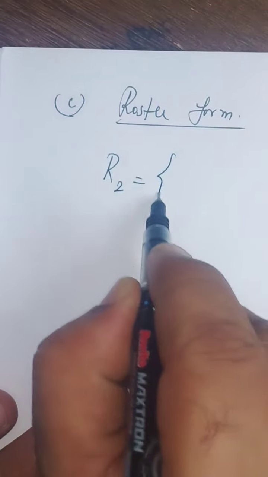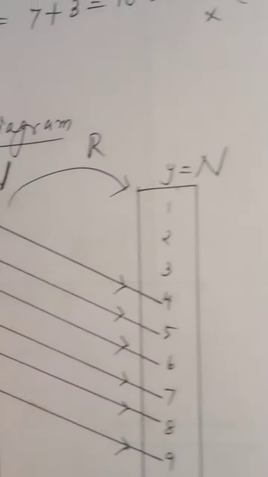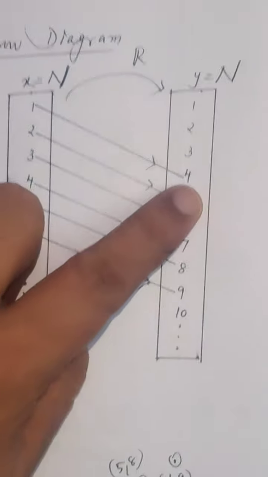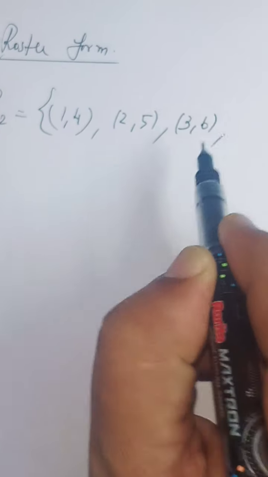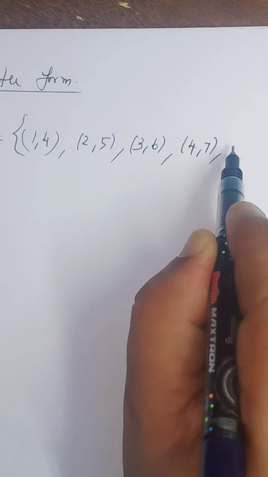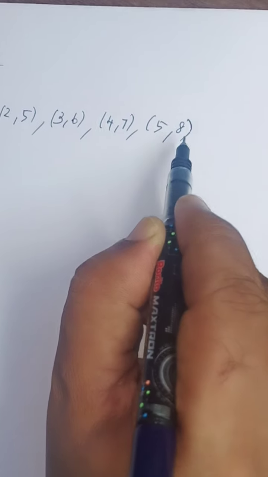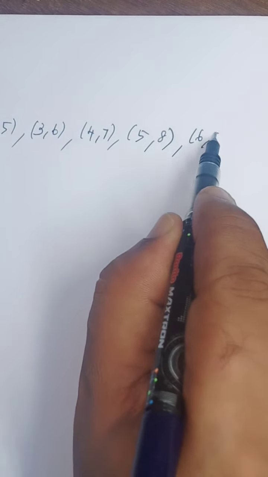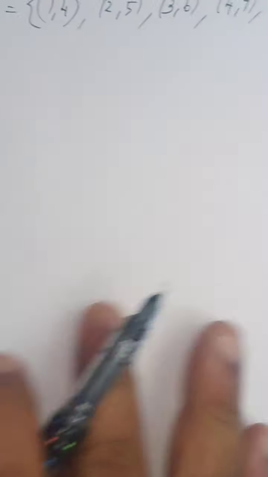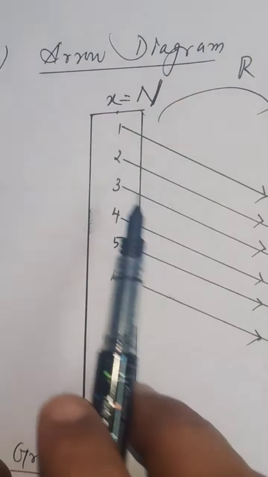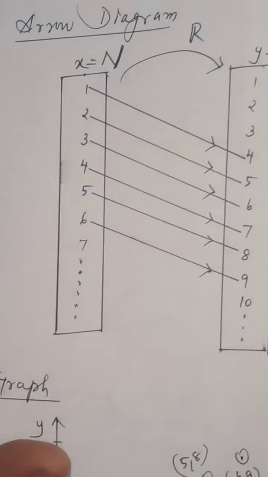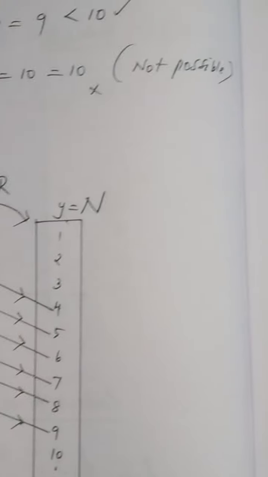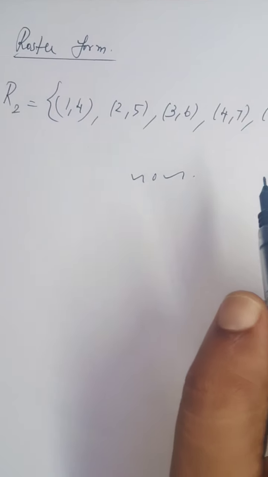R equals, very simple, look at the arrow diagram. 1 is related with 4, that is 1 comma 4, like that. 2 comma 5, 3 comma 6, 4 comma 7, 5 comma 8 and 6 comma 9. Once again, 1 comma 4, 2 comma 5, 3 comma 6, 4 comma 7, 5 comma 8 and 6 comma 9. So a very lengthy problem, hard to learn.